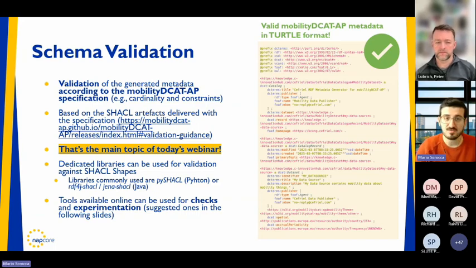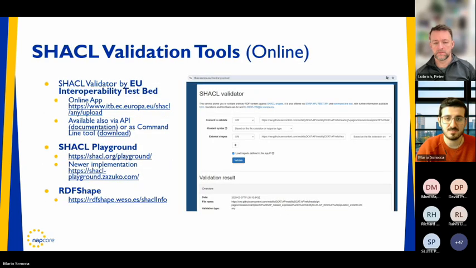And now, also for schema validation, I will show you some tools that are available online and that you can use to do checks and experimentations without having to install something on your laptop. So the first one is a tool from the European Commission.